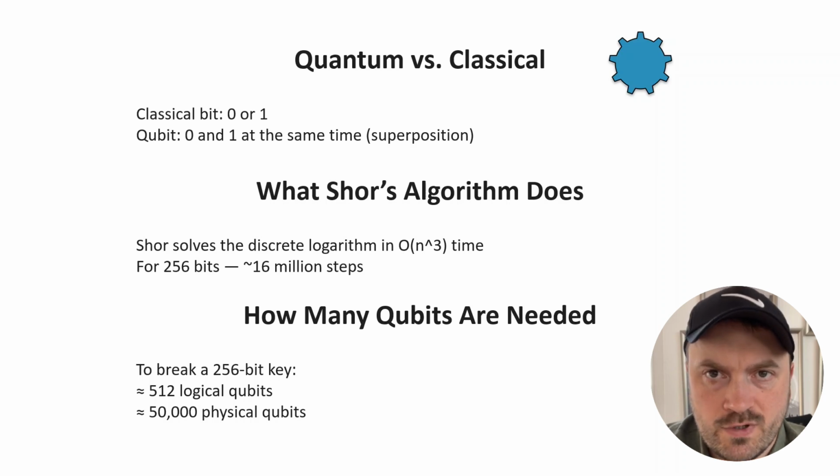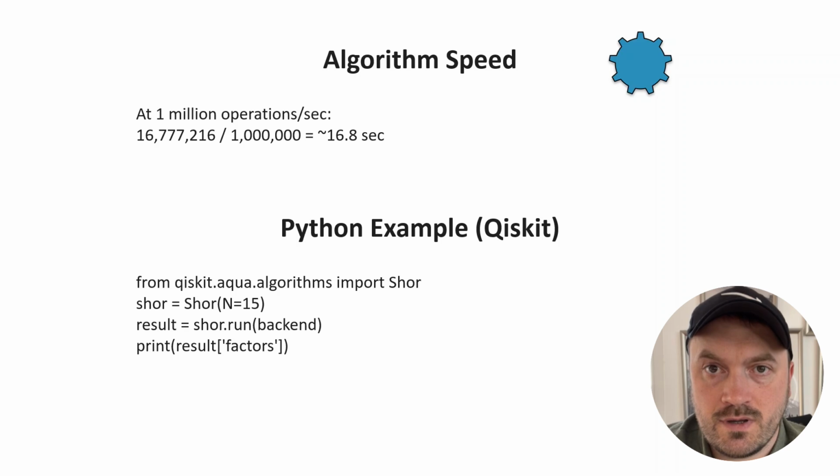So how long would it take to break Bitcoin with a quantum computer? We know that Shor's algorithm performs about 16 million steps for a 256-bit key. Let's assume a quantum computer can execute 1 million operations per second. Then the total time would be 16 million divided by 1 million, about 16 seconds.